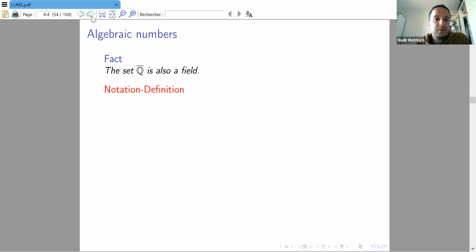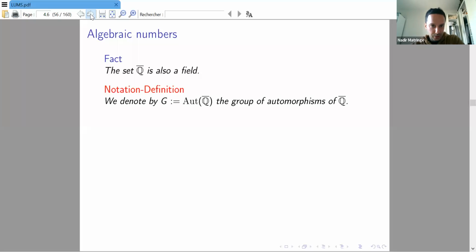And so whenever you have a field, you can consider a certain group attached to this field. The group in question will be the group of automorphisms of the field Q bar. So what does this mean, the group of automorphisms of a field?